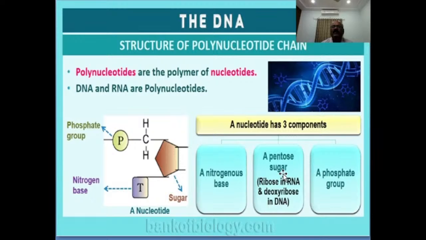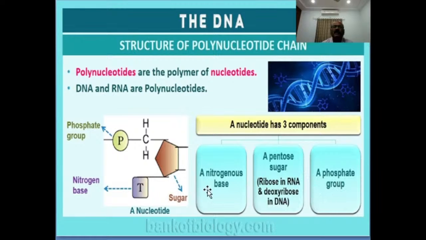Sugars are of different types based on the number of carbons. Pentose sugar means the sugar possesses 5 carbons. For example, glucose and fructose are hexose sugars, 6 carbon sugars, whereas in DNA and RNA we observe pentose sugars. So nitrogen base, sugar, phosphate, these 3 together are called a nucleotide.